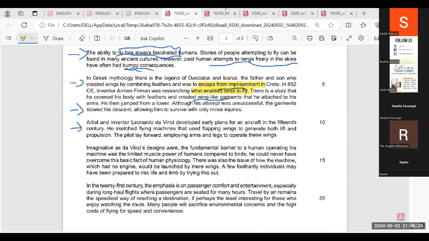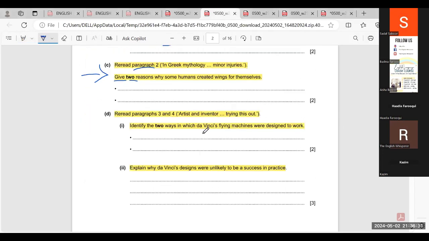Okay, so I'm going to ask you guys to do another question. Identify 2 ways in which Da Vinci's flying machines were designed to work. So you have to identify 2 points. Again, if you look at it, they've given you 2 bullet points in which Da Vinci's flying machines were designed to work.